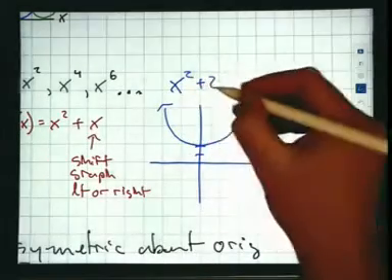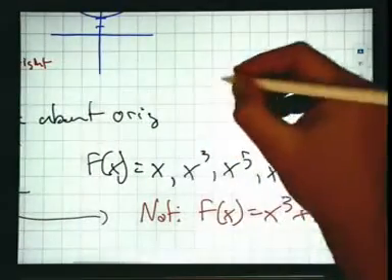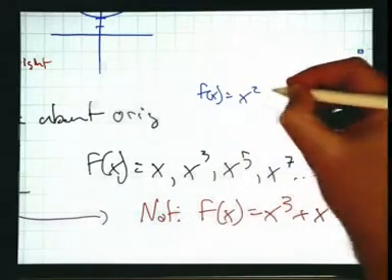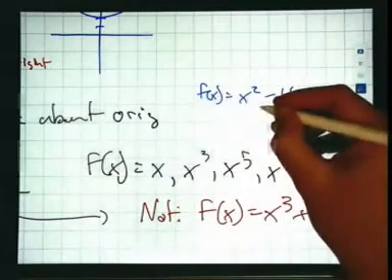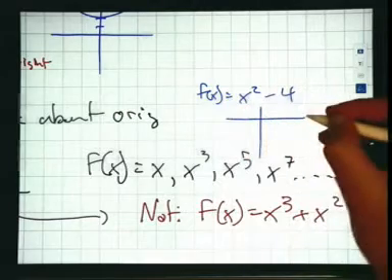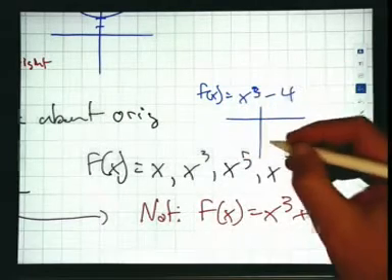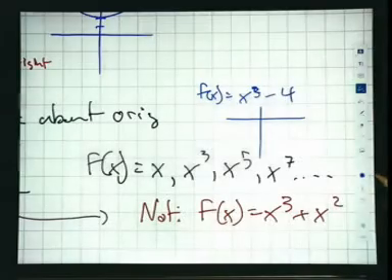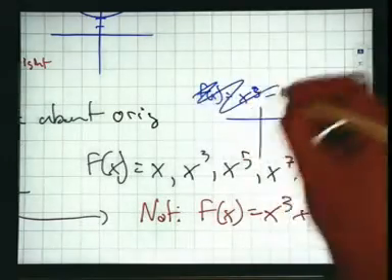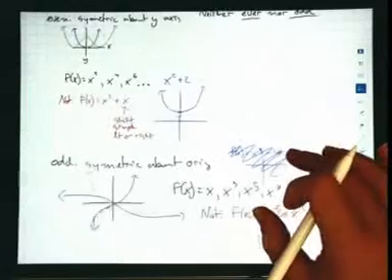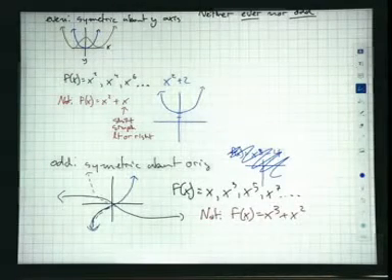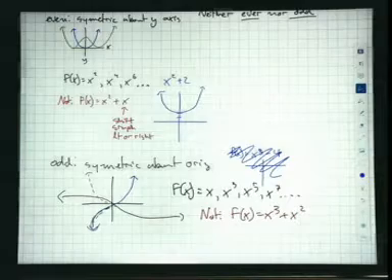Even down here you could have f of x is equal to x to the third minus 4, actually no, because that wouldn't be symmetrical about the origin anymore. So, never mind about that example. So that's what makes functions even or odd.